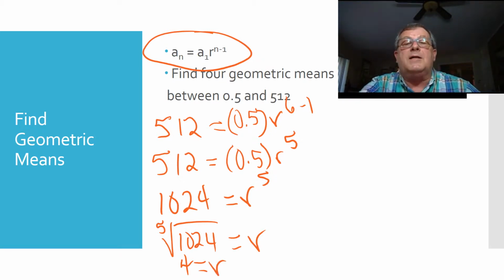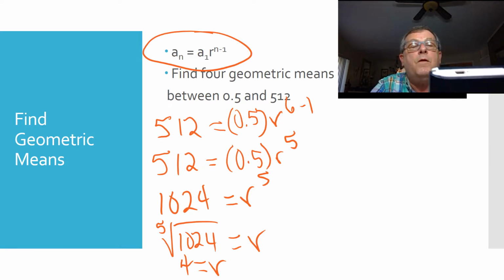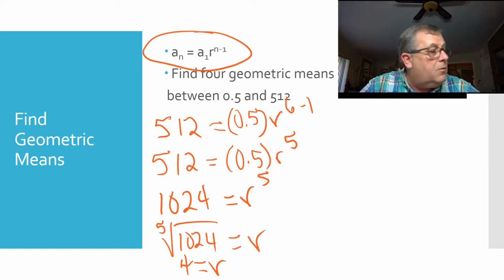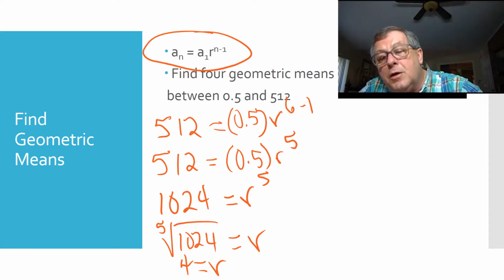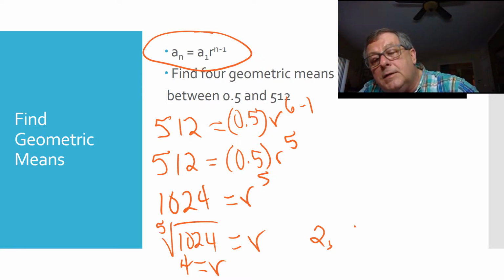Now, I'm asked to find the four terms. Well, I'm going to take 4, the common ratio, times that first number in the sequence, 0.5. And that's going to give me 2. In other words, a2 is equal to 2. And my common ratio again is 4. So the third number in the sequence is going to be 2 times 4, that's going to be 8.